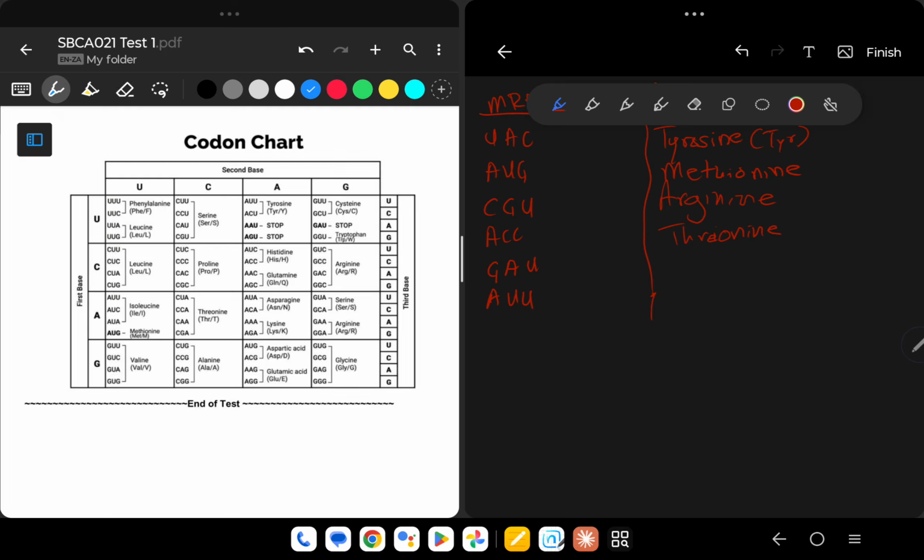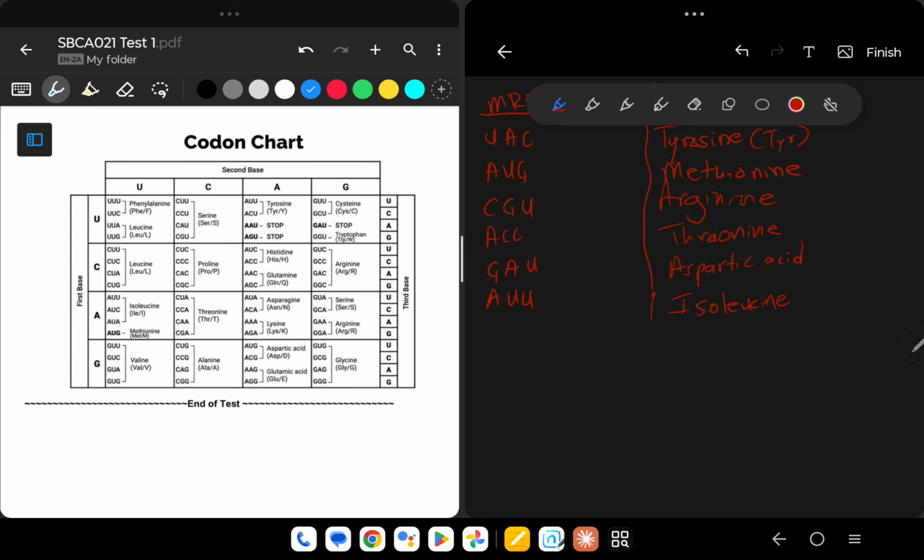And then you also have GAU, which gives you aspartic acid. And then AUU finally, which gives you isoleucine. Know how to spell these amino acids.